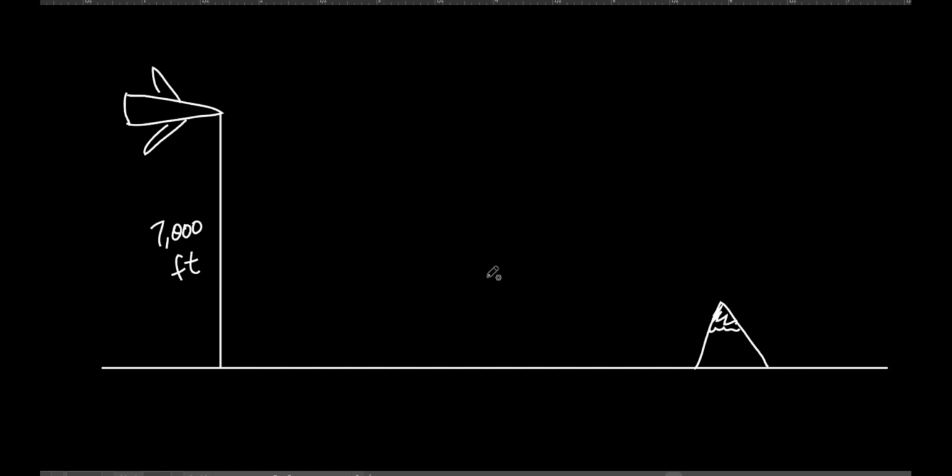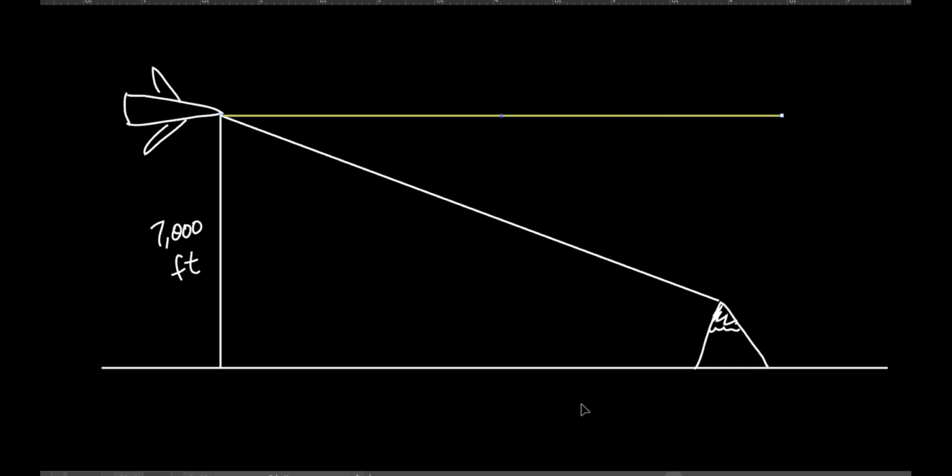So what does that mean? We'll go to the top of the plane. So there's your angle. There's your line of sight to the top of the, I said top of the plane, the top of the mountain. So let's draw a horizontal, just so we have a frame of reference.